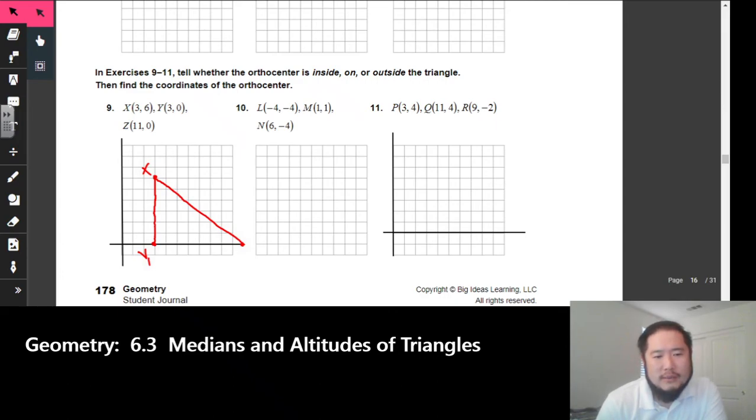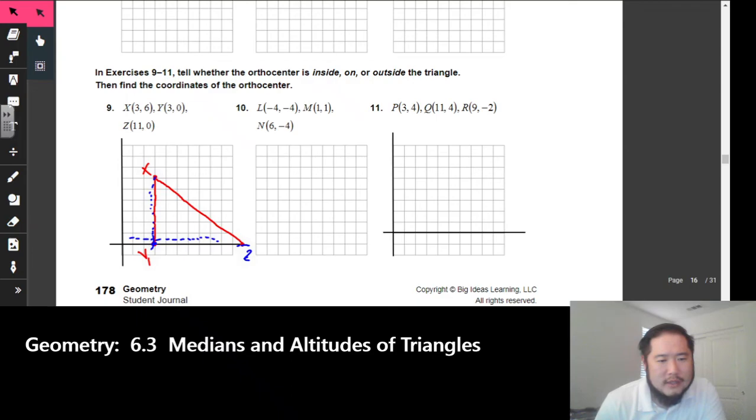But actually in this one, how about we look at point X. If I look at point X and figure out where the perpendicular to the opposite side is, that would be this right here. Let's take a look at point Z. The opposite side of Z is over here. I can go ahead and draw a line.